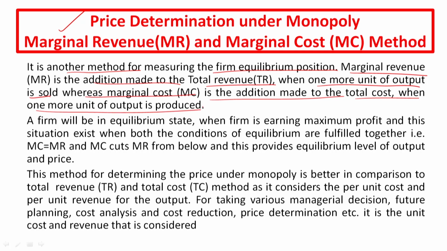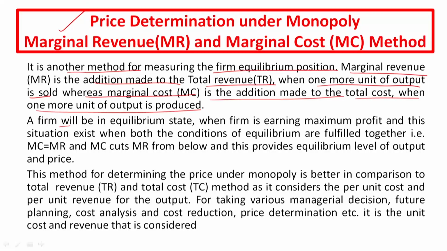That means marginal cost means when you are producing one more unit of output, the addition made to the total cost is marginal cost. Marginal revenue means when you are selling one more unit of output, the addition made to the total revenue by selling one extra unit.